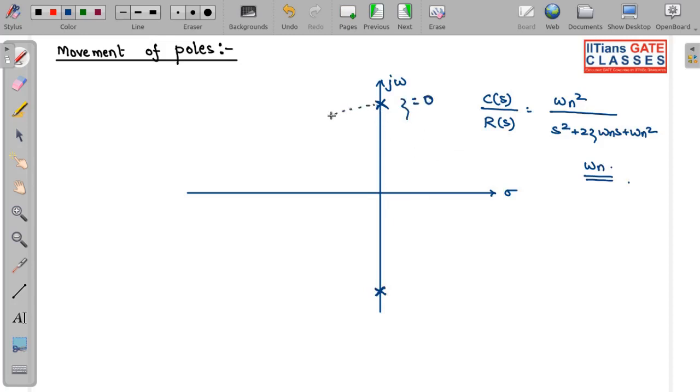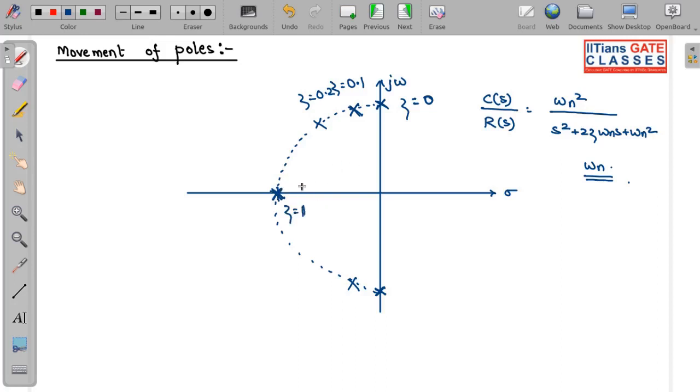Now if you start increasing zeta from 0 till 1, your poles will move like this. Let us assume this is for zeta equal to 0.1. Here we will get for zeta equal to 0.2. Like this we will get different values of zeta from 0 to 1. At 1, both the poles are going to coincide over here. Okay, zeta equal to 1.